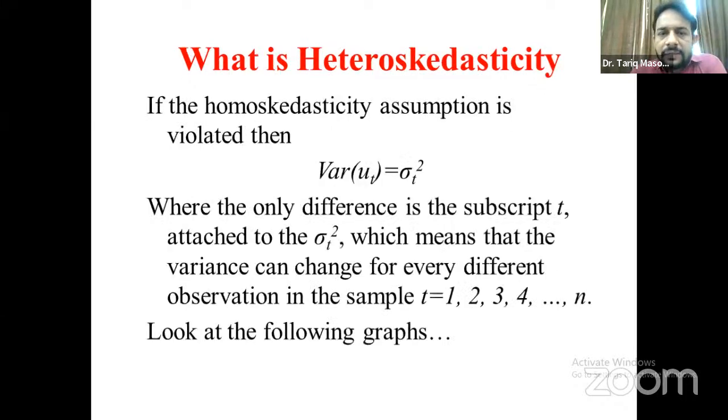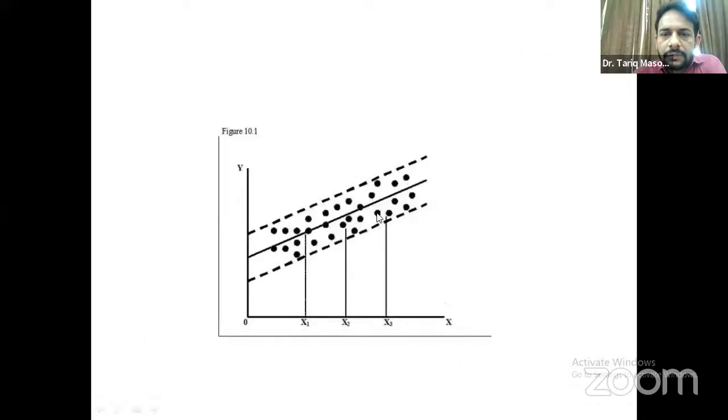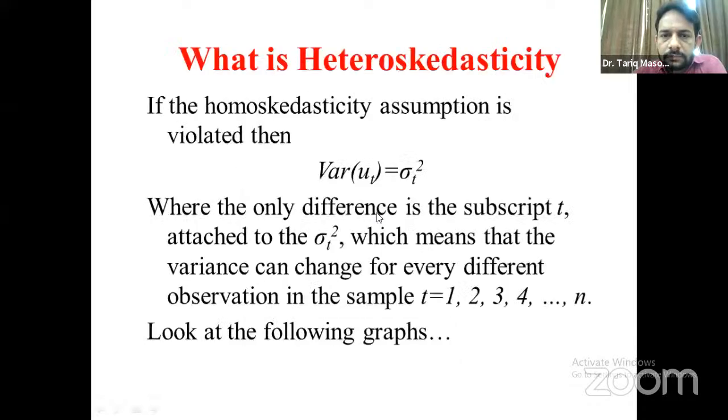If variances are not constant, like if variance of ut is equal to, suppose, sigma t square or sigma i square. Generally variance is a fixed value, it is sigma square, but the meaning of t is that it is variable.